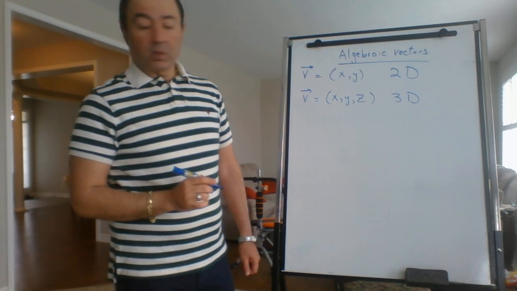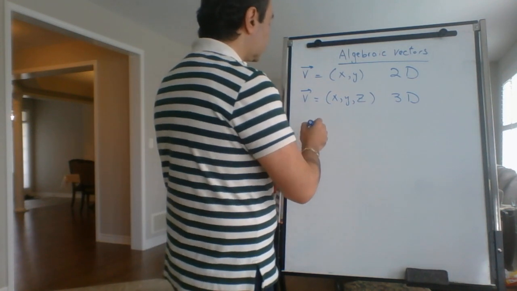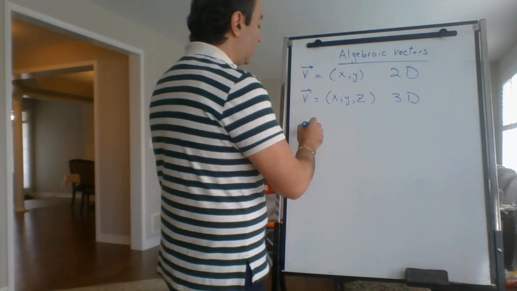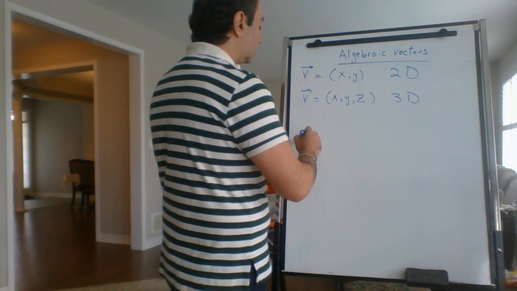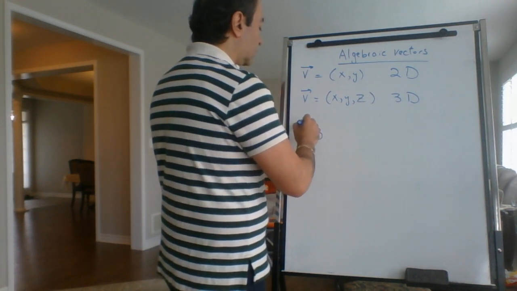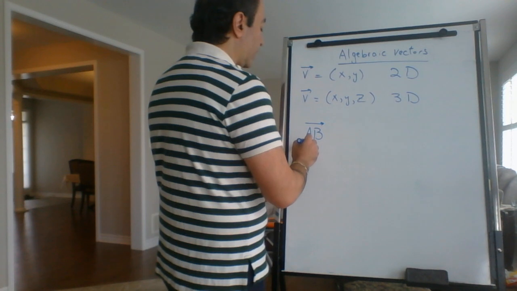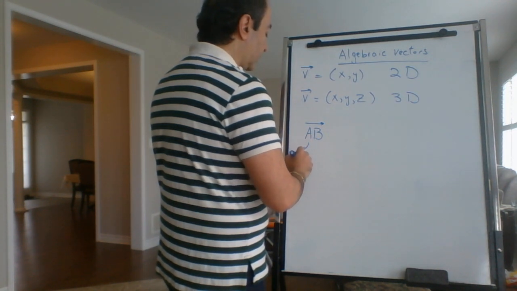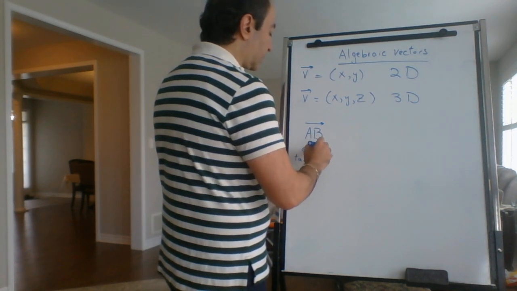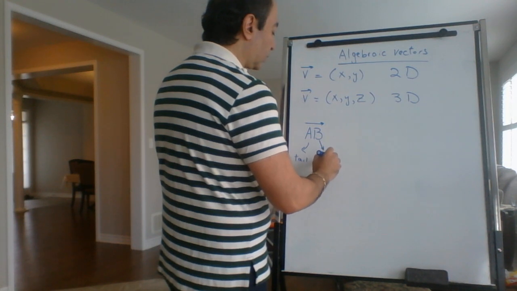Okay? Now, let's say we have vector AB. This vector has a tail. We start with the tail, and the last one represents the head of the vector, where it is heading.